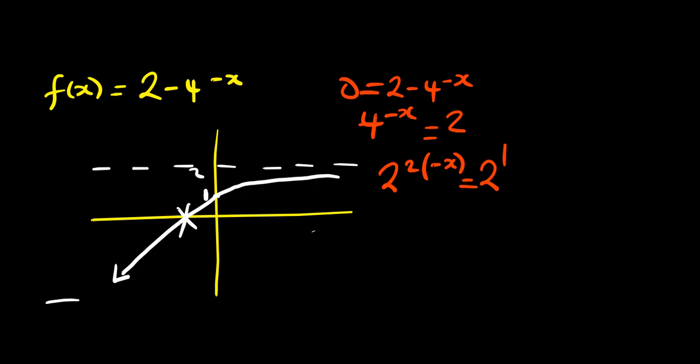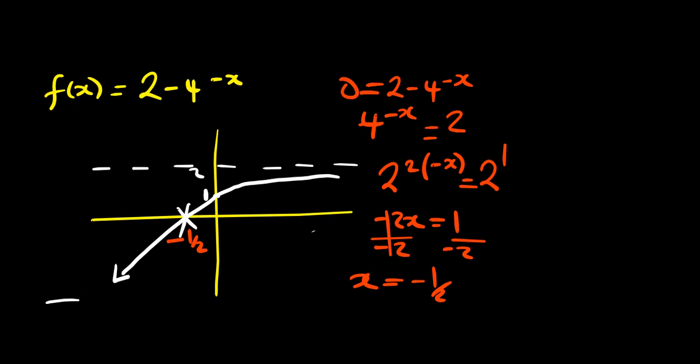So now what am I going to do? To the power negative x, I'm going to have negative 2x equal to 1. For me to remain with x, I'm going to divide by negative 2 on both sides. Therefore my x will be equal to negative half. So this is where we're cutting the x-axis. That's how we solve exponential graphs.